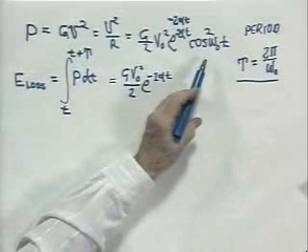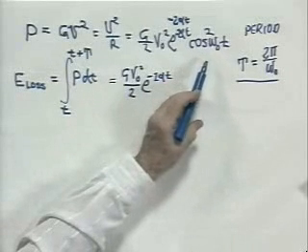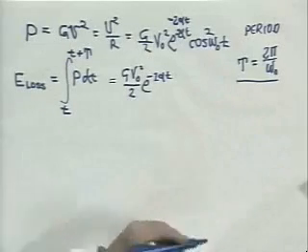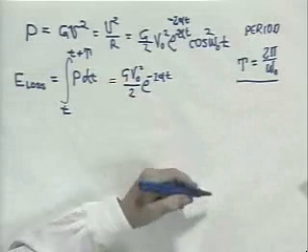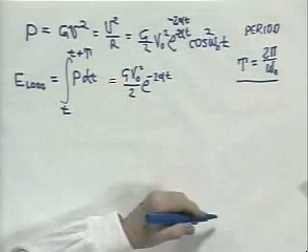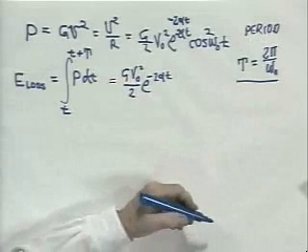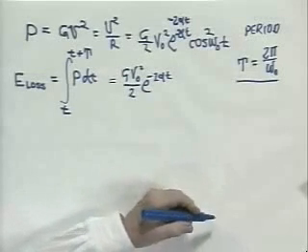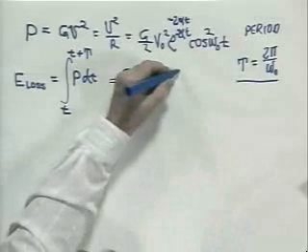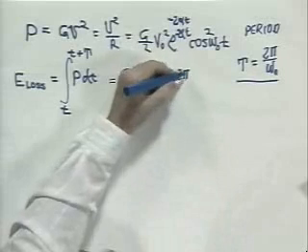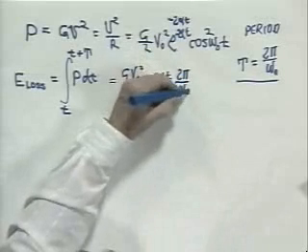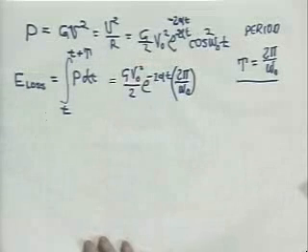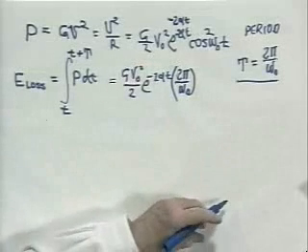You can recognize that cosine squared is equal to 1 plus cosine 2 omega naught t over 2, and integrate it in that manner, or look it up. But in any case, it comes out to be a value which over one period is just pi over omega naught. So that's the energy lost in one period.